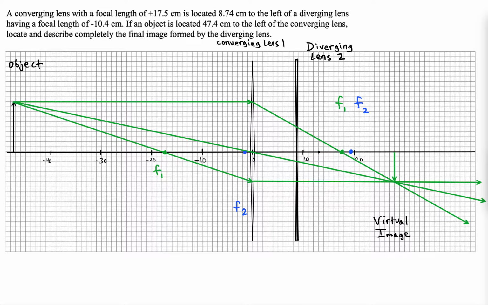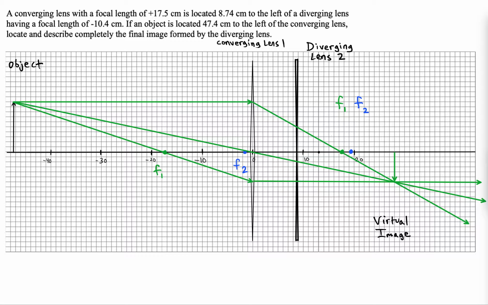So where will they actually go? Well, check out the parallel ray, the one that comes out parallel.